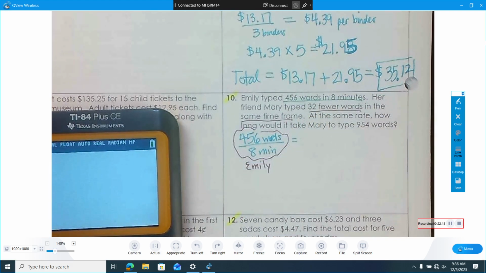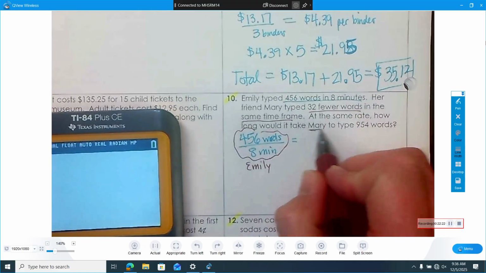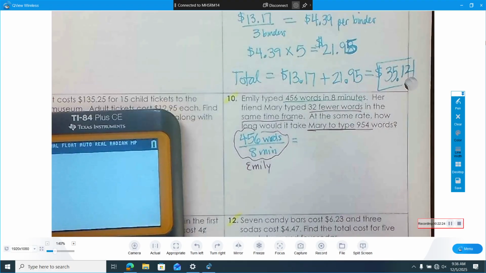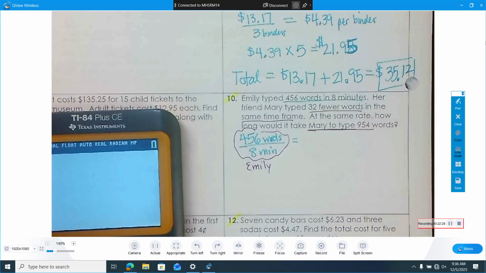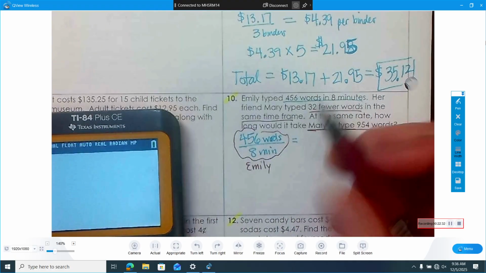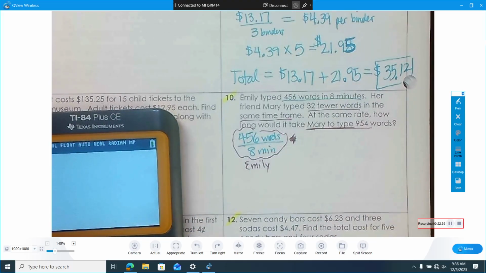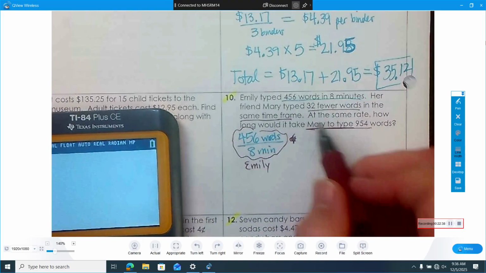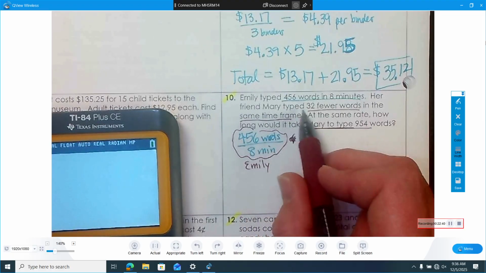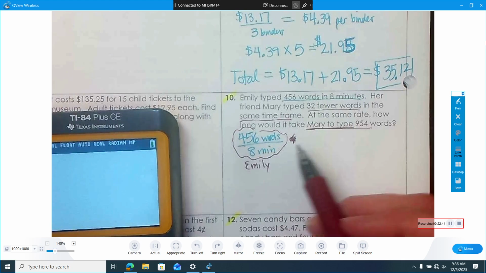Let's keep reading because now I'm confused. At the same rate, how long would it take Mary to type 954 words? Okay, do I care about Emily's rate here? No, that's actually not helpful to me. I need to care about Mary. It says Mary typed 32 fewer words in the same time.